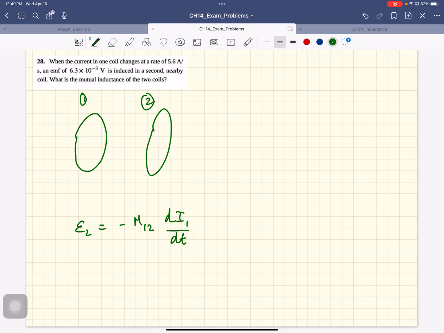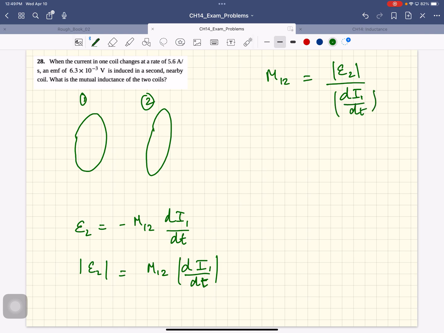So the magnitude of the EMF is M12 times the magnitude of dI by dt. All right, so the value of mutual inductance is what we want to find. Okay. So the magnitude of the induced EMF divided by the rate of change of current.